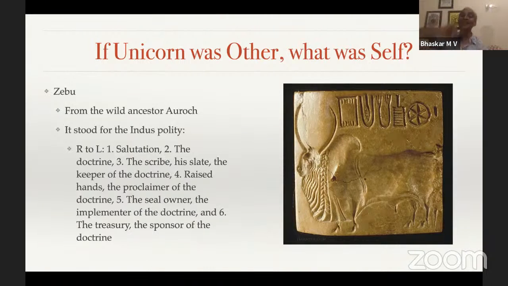And this zebu, which represents complete identification of the Indus realm, of all its people, is the native symbolism of the Indus. And that is also exemplified in the way the zebu seals are crafted as opposed to other seals. For instance, the zebu as a field symbol does not share its space with any object in front.